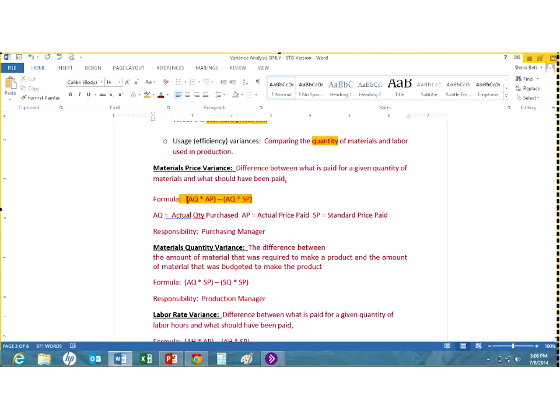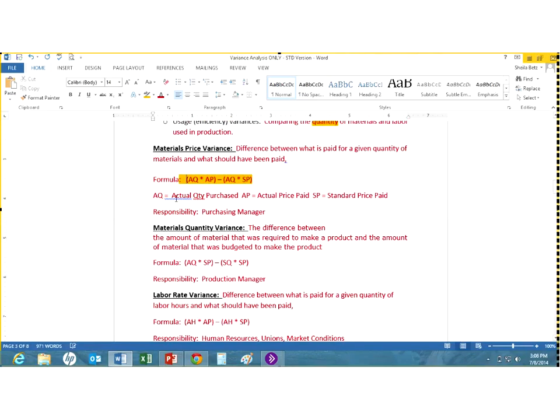For some reason, this version clicks better in my mind, but some students like the book's version, so whatever floats your boat. Who would be responsible for this price variance, good or bad, is the purchasing manager.